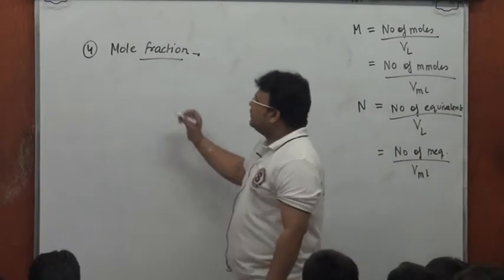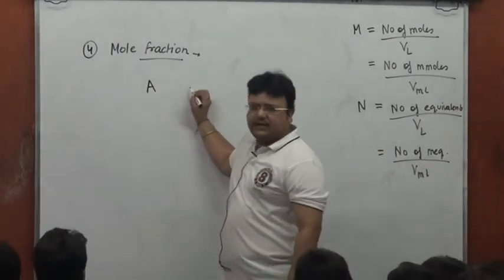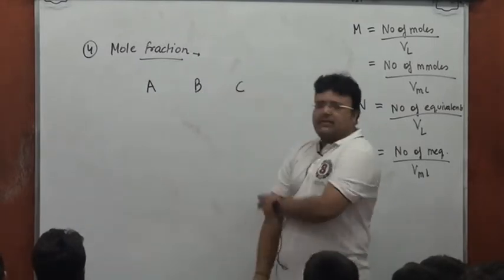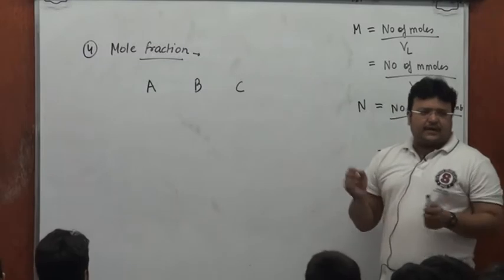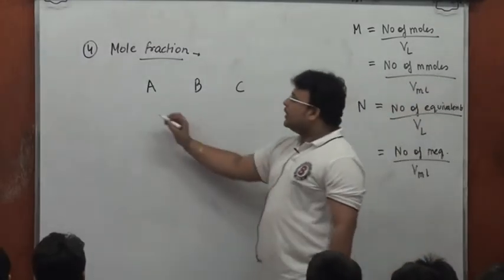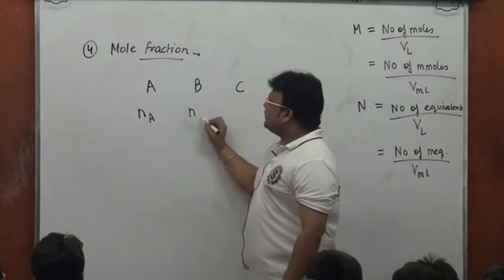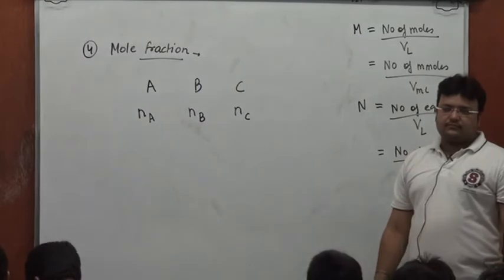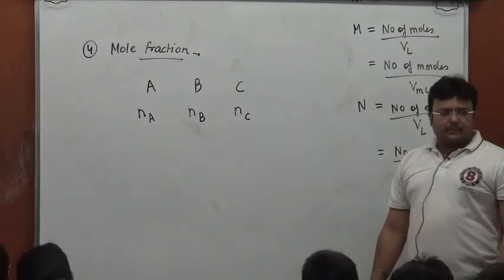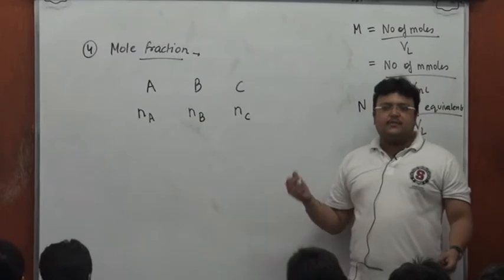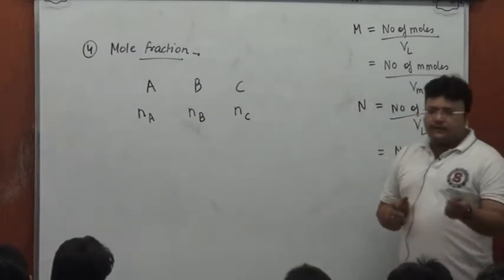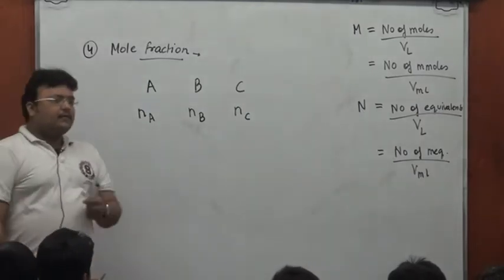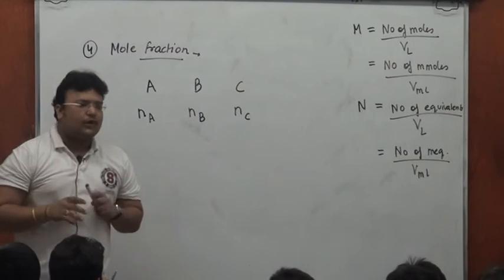Suppose I am forming a binary solution, where binary means there are 2 components A and B, or maybe a ternary solution with another compound C. I have a mixture of A, B and C, where I have Na moles of A, Nb moles of B and Nc moles of C, added up to form a solution.